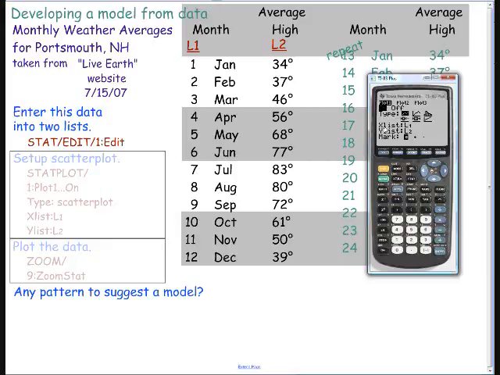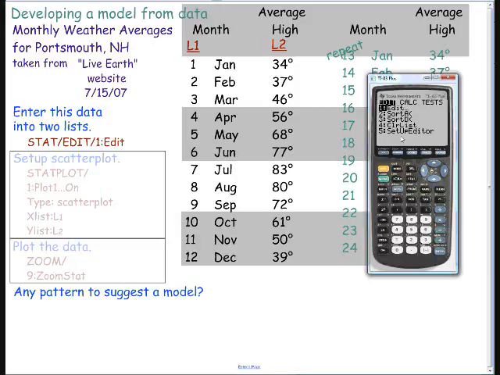We will need an X list. That's our independent variable. That's going to be our time. We're going to do our months. And our dependent variable, which is going to be Y, that's going to be temperature. Okay? So we're going to do our first statistical work. We're going to set up a scatter plot.